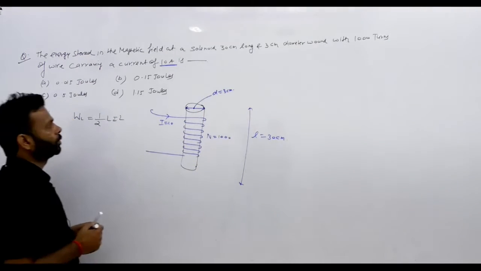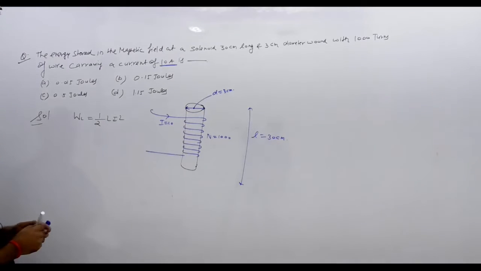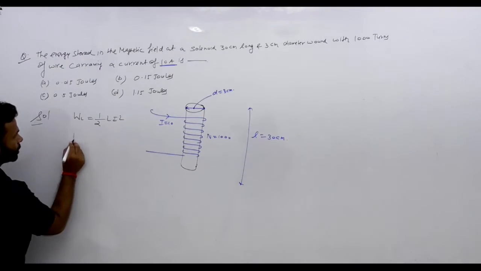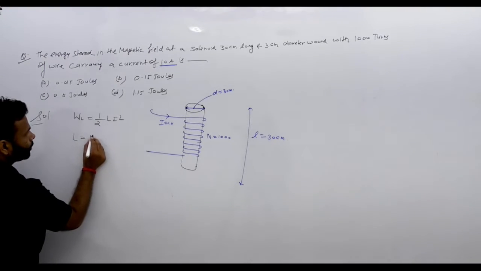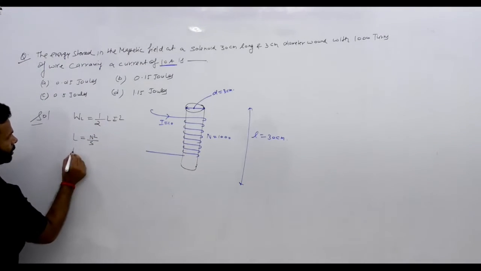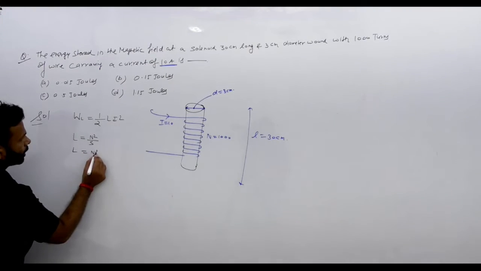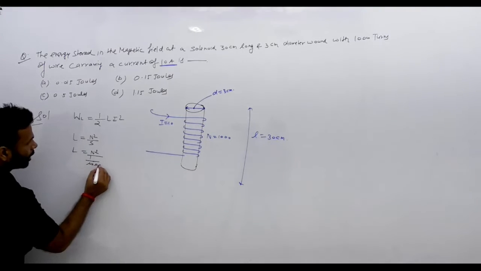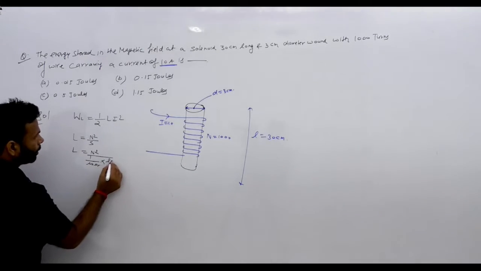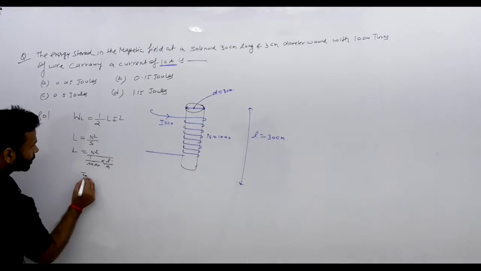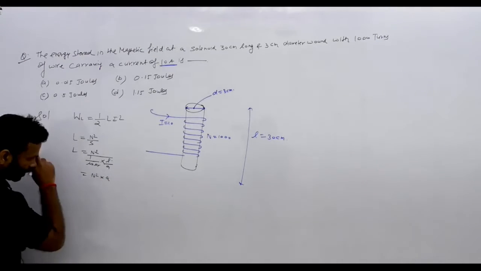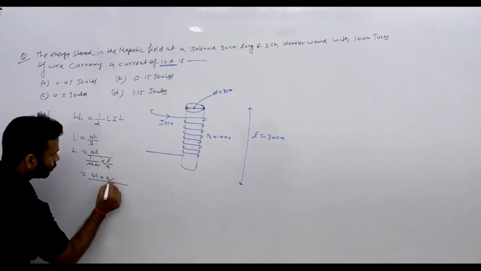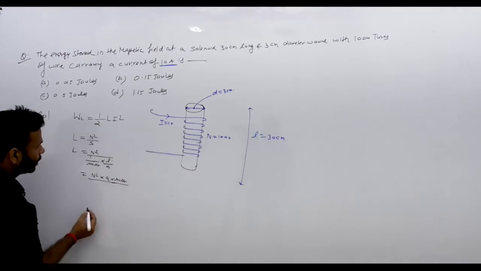If you remember the formula of solenoidal inductance, L equals n square upon S, so L equals n square upon 1 by mu naught mu r into l upon A. Clear? So it is n square A upon mu naught mu r into l.